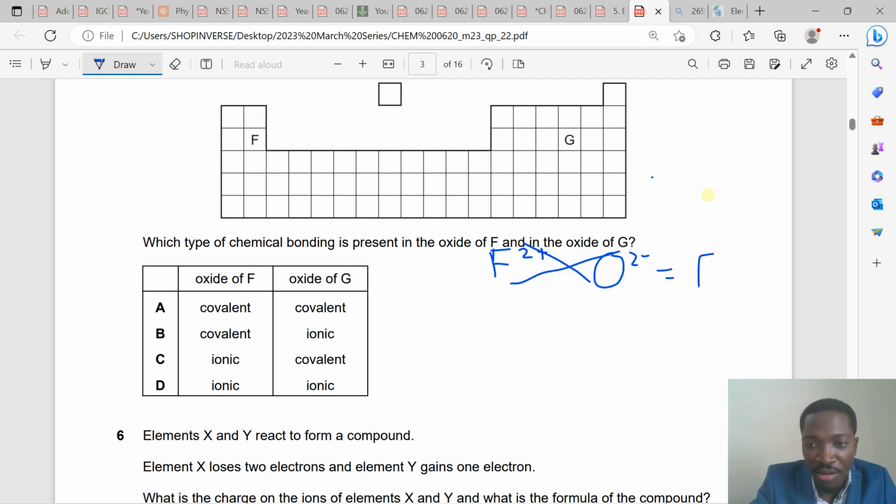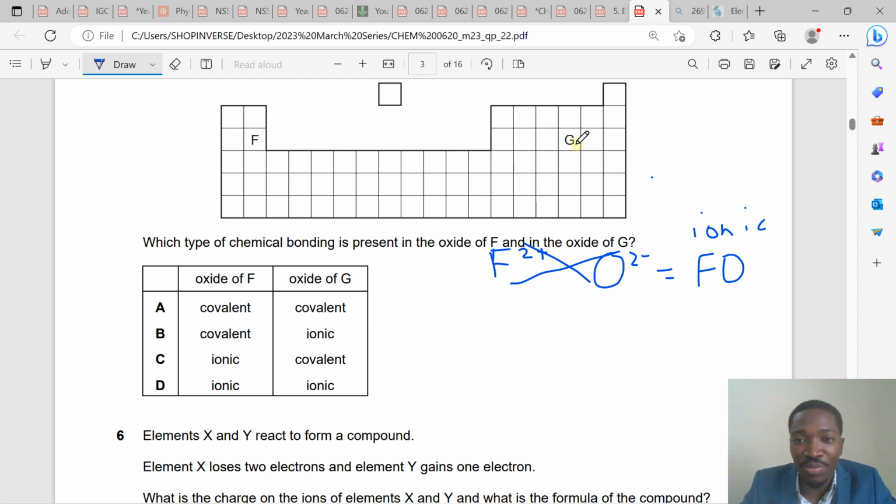So you have FO. This is an ionic bond because there is transfer of electrons. Take note that F is in group 2, a metal. So oxides of metals are formed by ionic bonding.